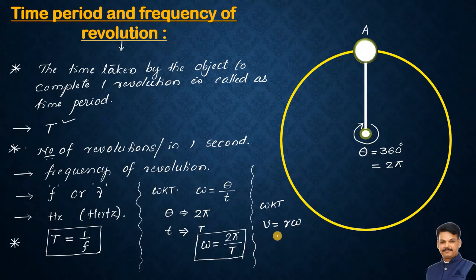Now, if I make the substitution for omega, then linear velocity v is equal to r into 2 pi divided by T, or it can also be written as 2 pi r divided by capital T. This is the relationship we get for the linear speed or linear velocity.